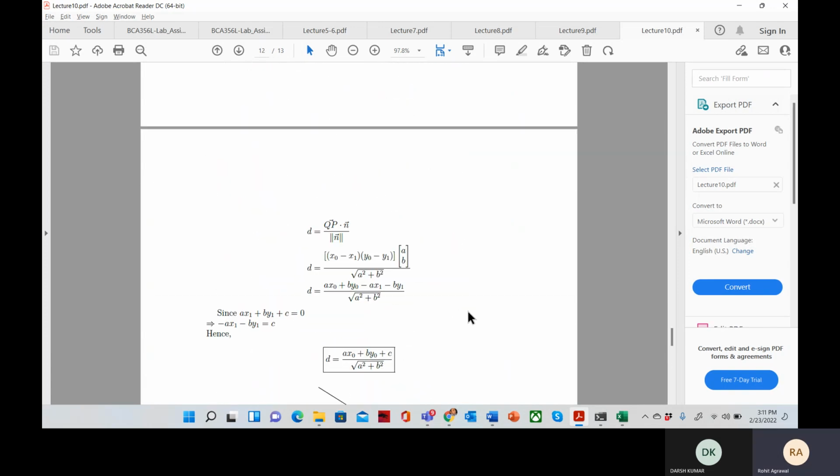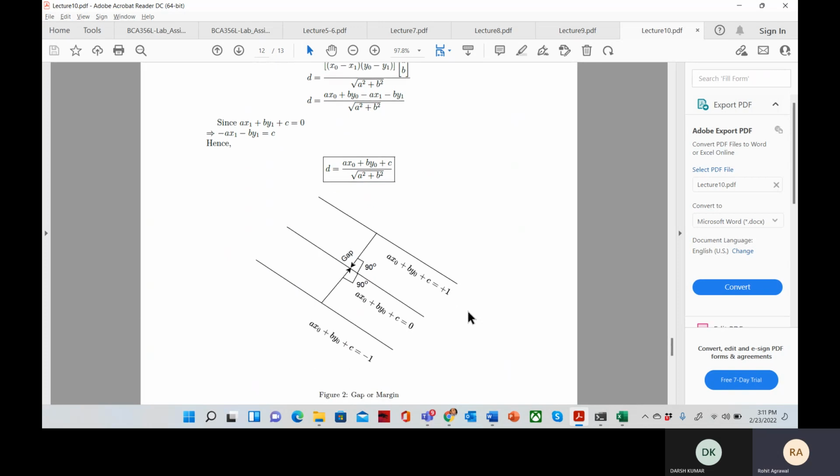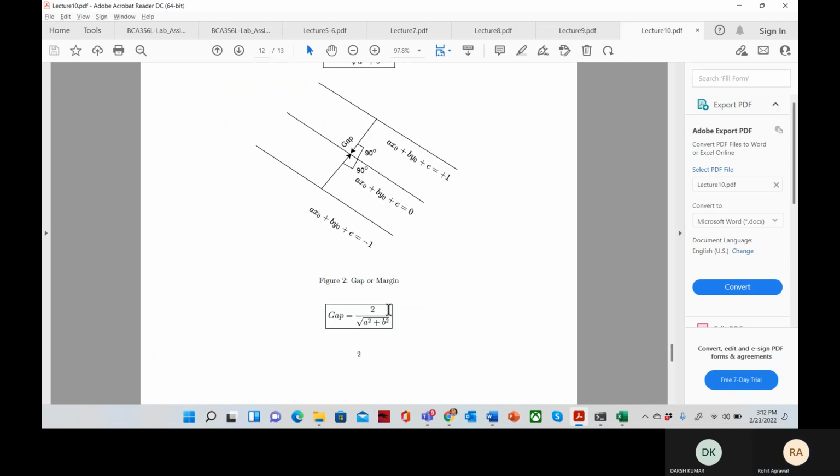The goal is to find this, and our goal is to have all the data points in between these two parallel lines. Okay, so this is called the gap. So suppose this graph is visible to you.